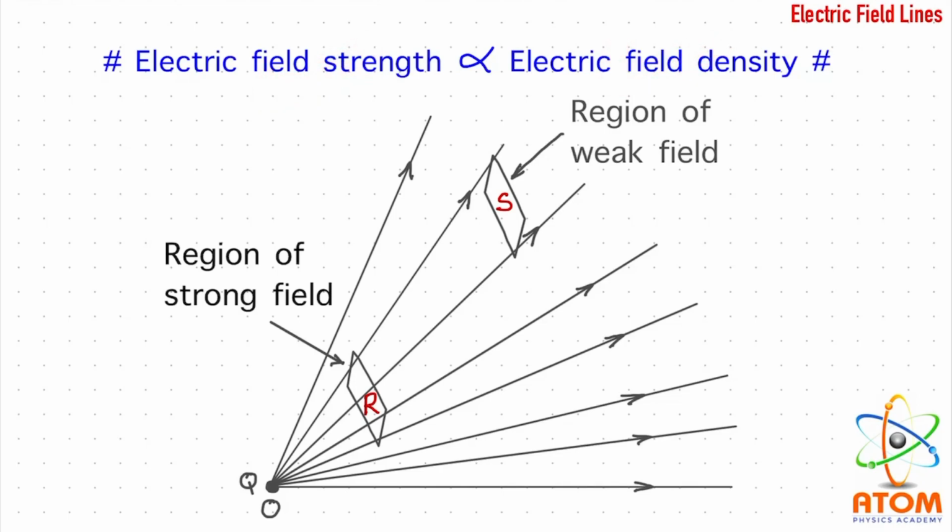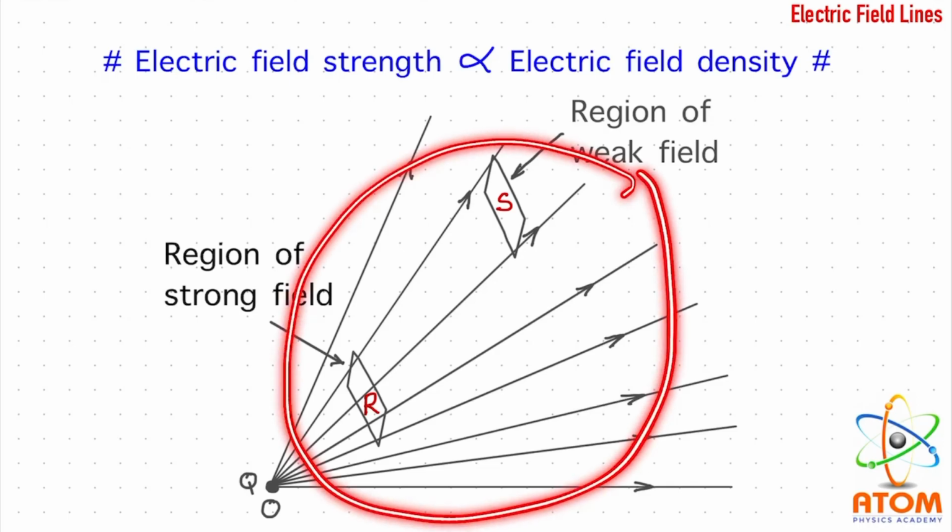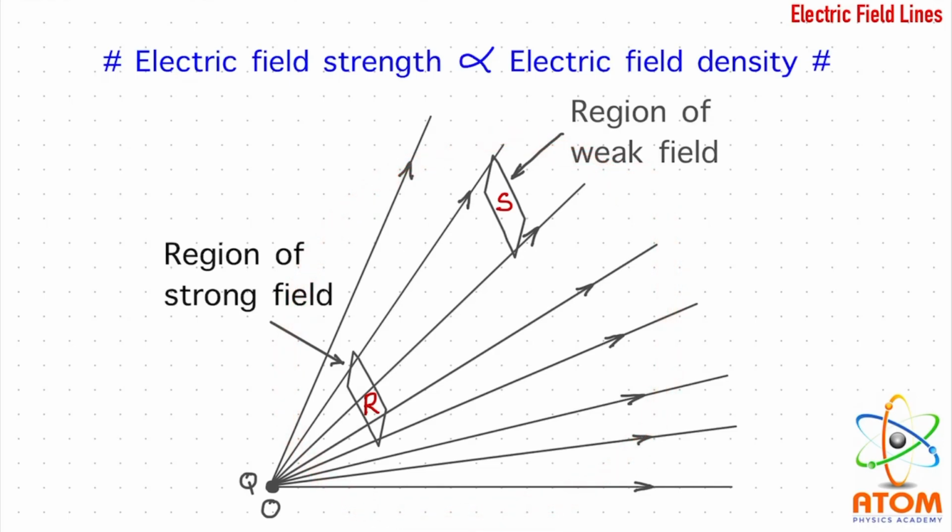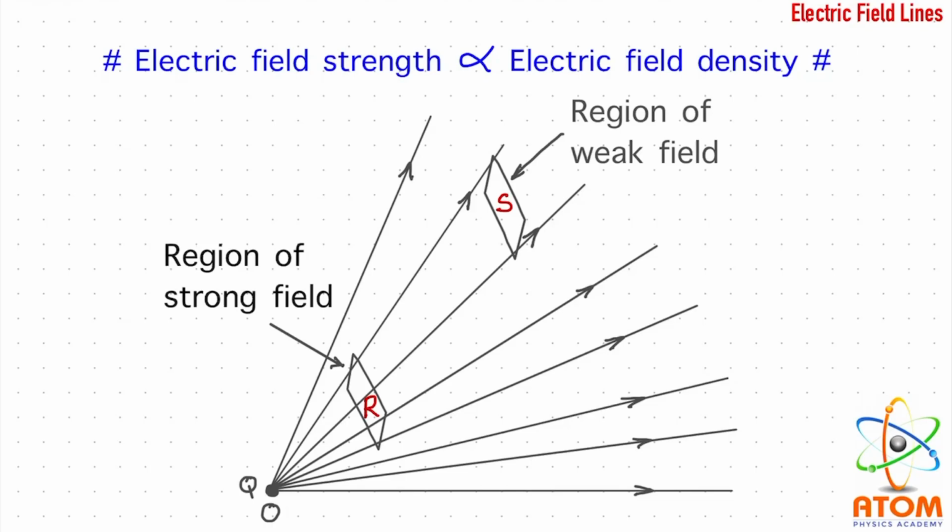Now consider a charge Q and its electric field lines as shown in this figure. We need to understand one thing, that the electric field of this charge Q will be three-dimensional, but on this page we can show only two dimensions, and here I have shown only a small portion of these electric field lines. Now to estimate the density of field lines, we need the number of field lines per unit area perpendicular to the lines. I repeat, density of electric field lines is the number of field lines per unit area normal to the lines.